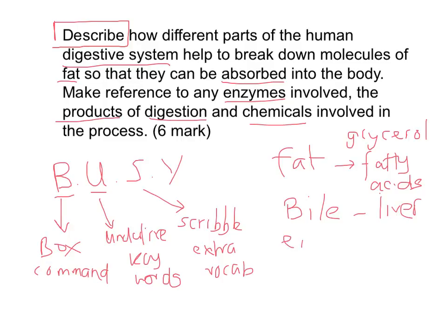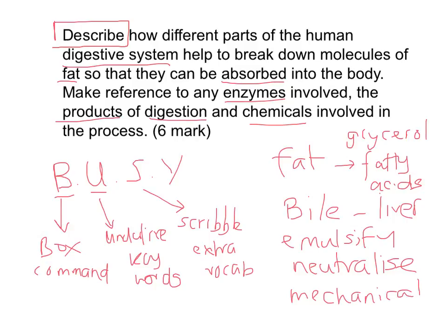We might want the word emulsify, neutralise, we might want to think about things like mechanical digestion. Because it's talking about absorbed, you might want to go with small intestine, because that's where it's going to happen. Okay, you can keep adding your keywords, but that's going to give you a starting point.